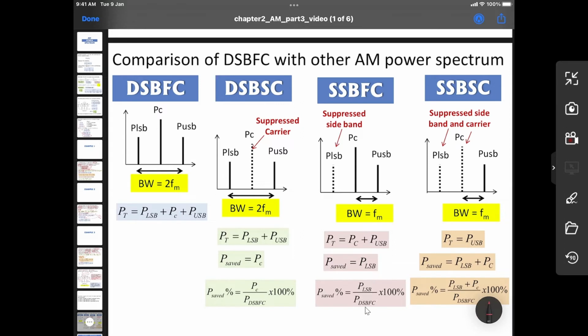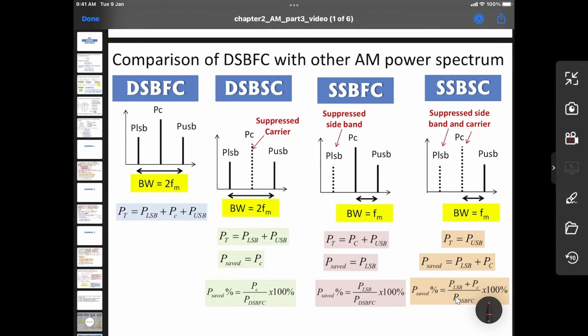Then the power saved is the power saved over the double sideband full carrier. And for the single sideband suppressed carrier, here we suppress two, so we can save the bandwidth, we can also save the power, so the power saved is these two, and then we can calculate through that.